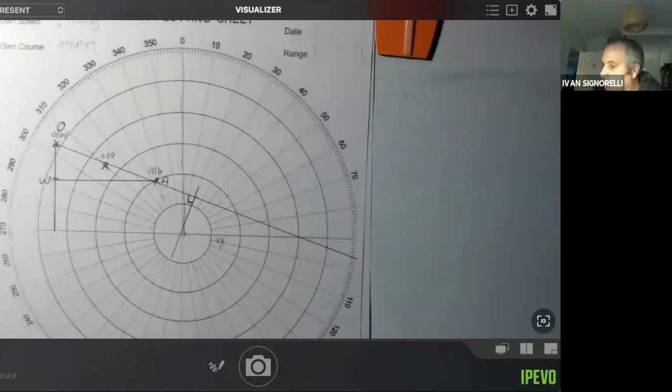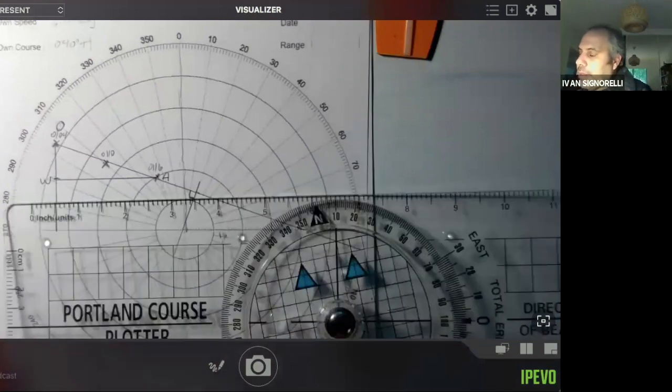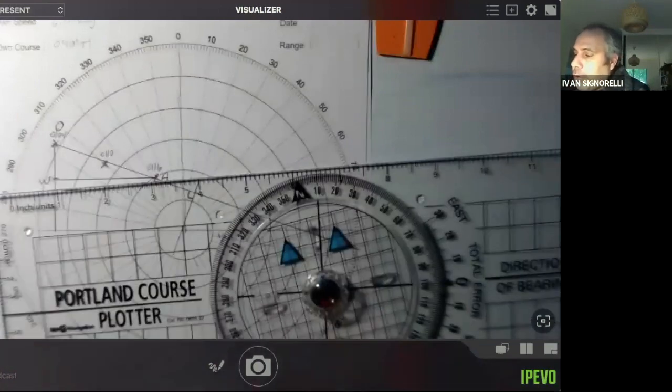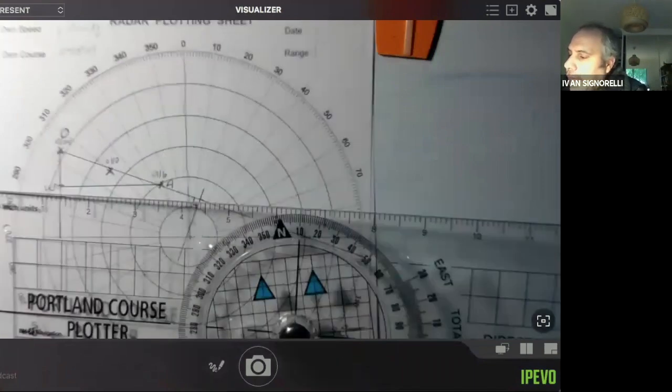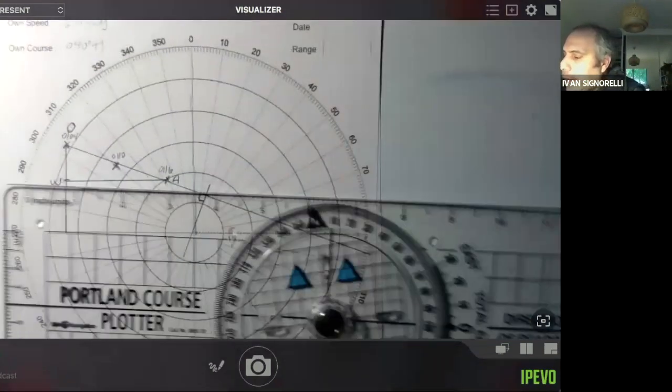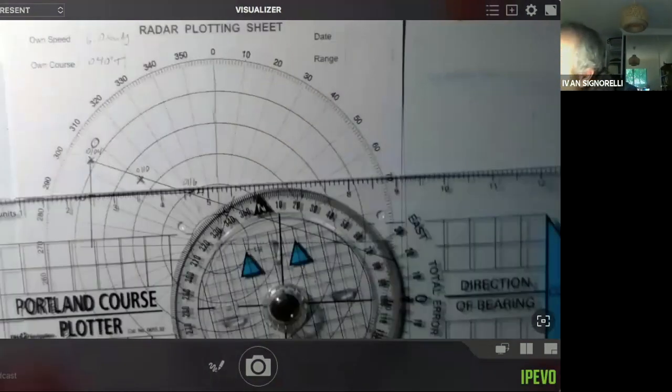In order to work out the other vessel's course, you're going to take your plotter or parallel rule, whatever it is that you prefer to use, and we're going to work out the bearing of this line here, using a plotter.